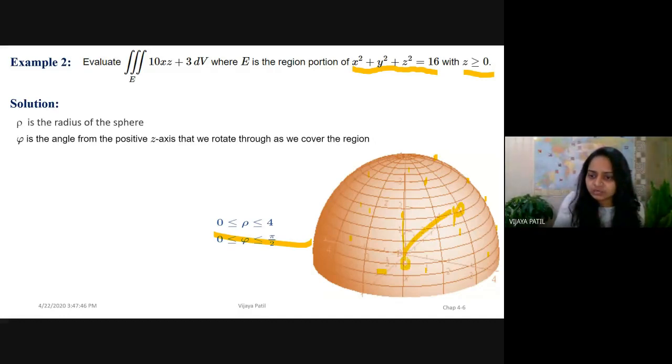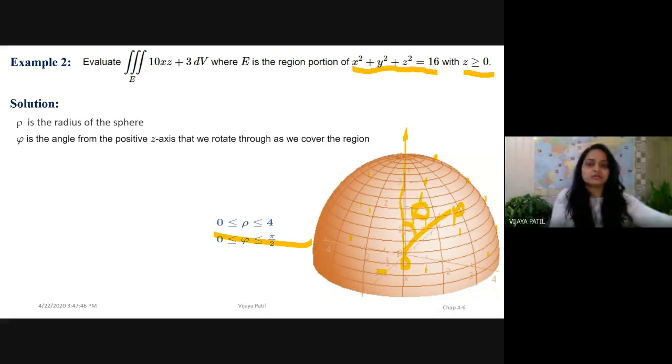This is the positive z axis here. What is this angle? This is nothing but phi, the angle made with the z axis, and it is 0 to pi by 2.